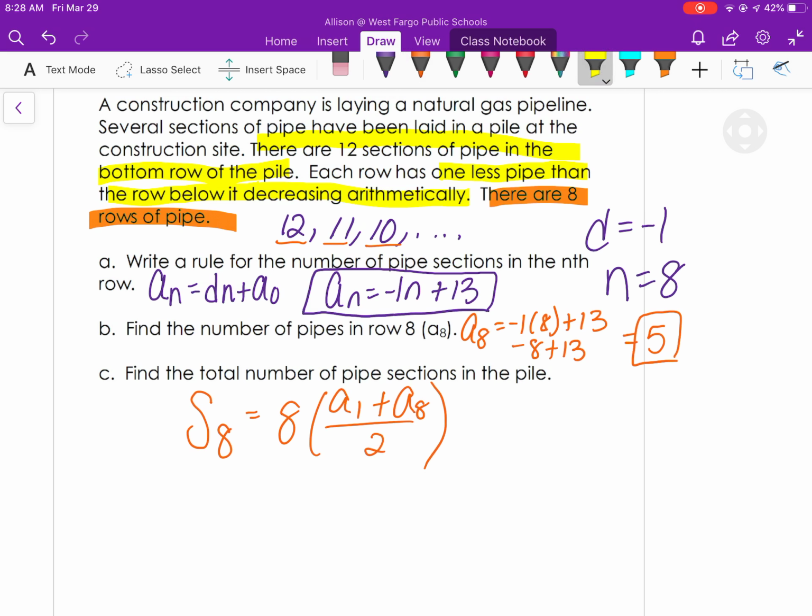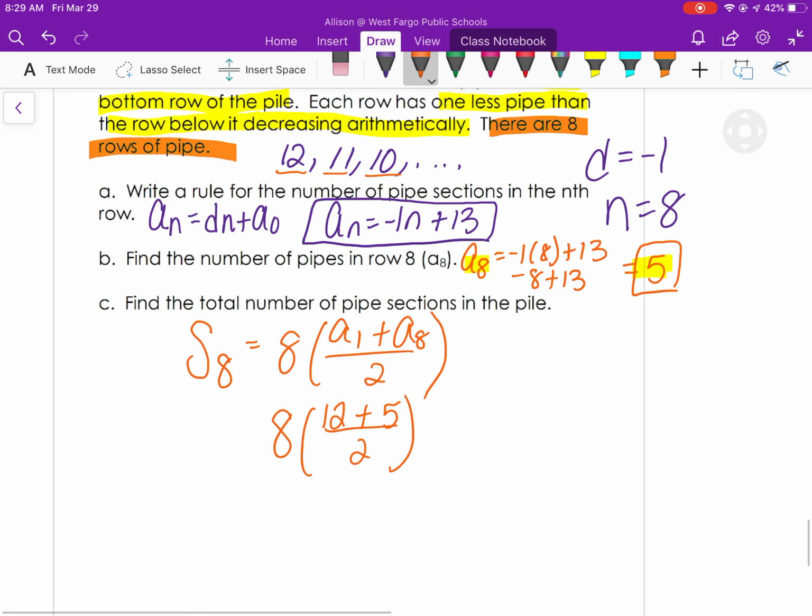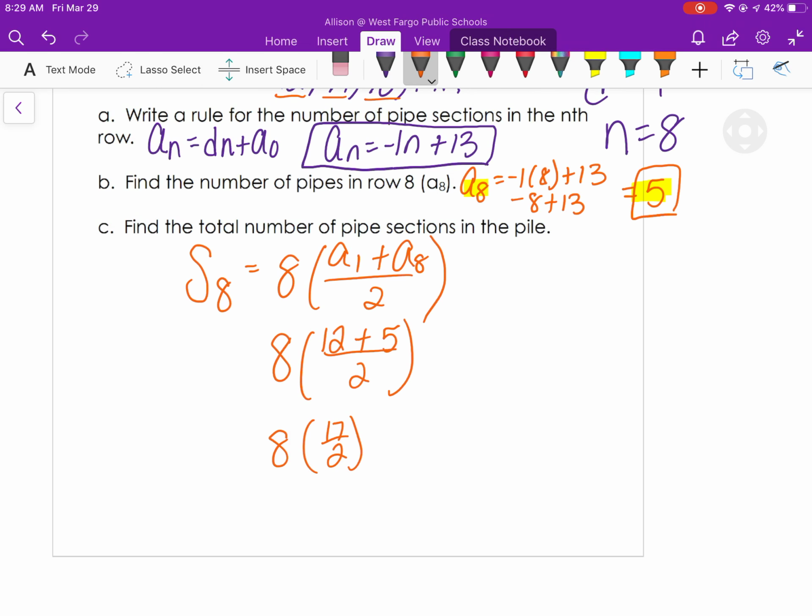And we already found the 8th term, a sub 8, was 5. So it'll be 8 times the first term, which was 12, plus the 8th term, 5, divided by 2. So 12 plus 5 is 17 over 2. And we're going to end up with 68 pipes total.